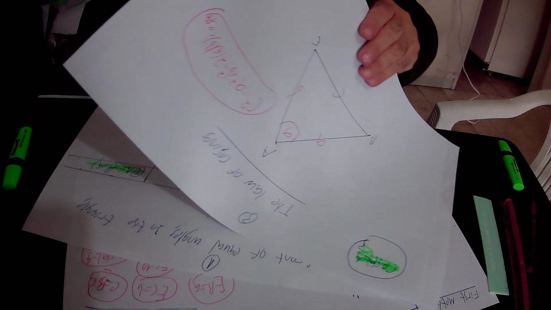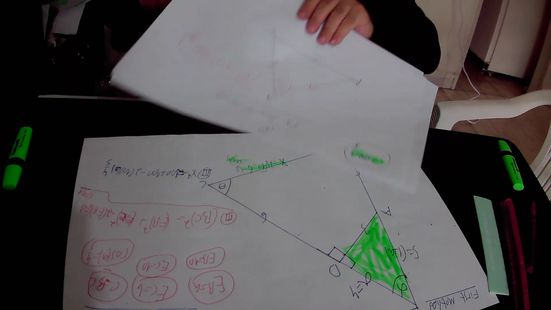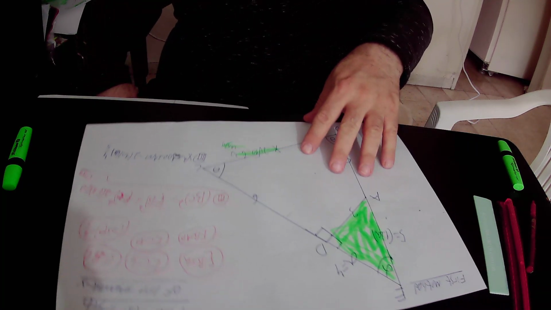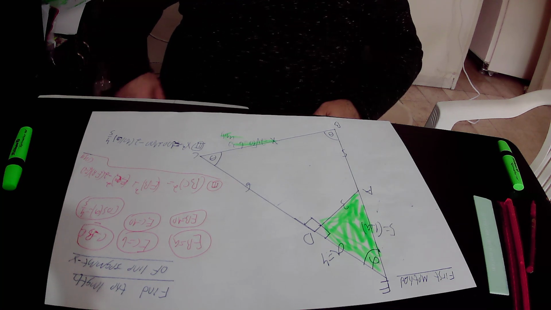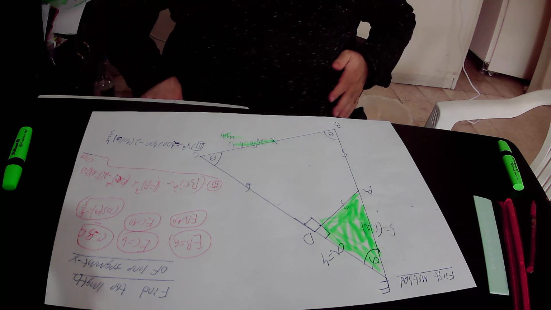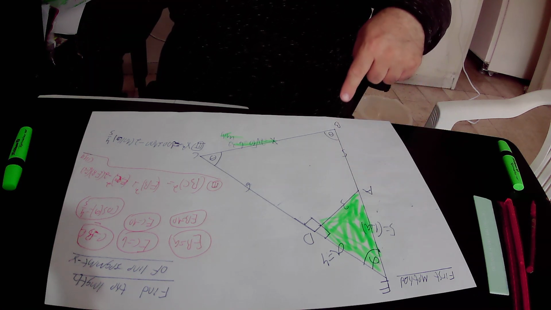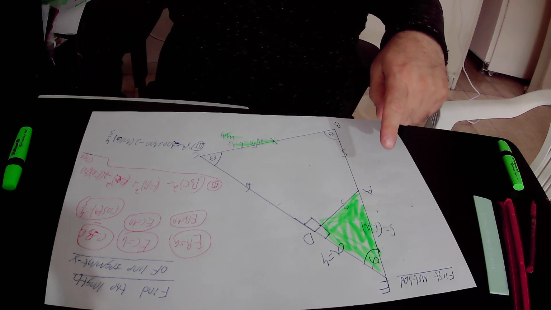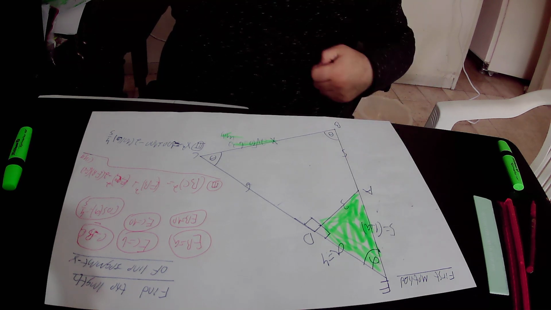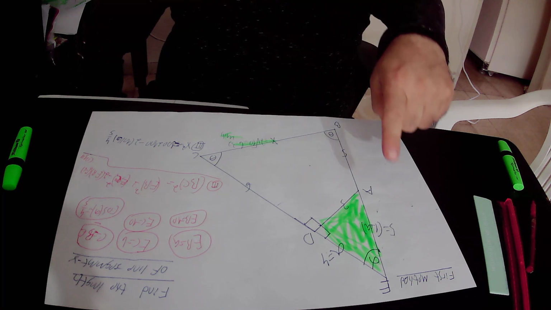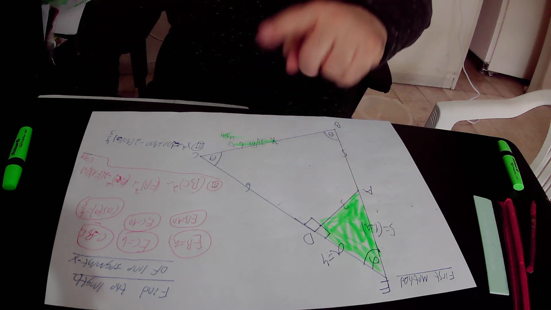Okay, then we applied the law of cosines in this big triangle EBC. We know the value of EB in terms of numbers: EB equals 5 plus 5, that is 10. EC equals 4 plus 6, that is also 10.